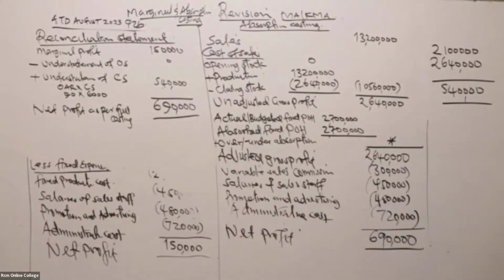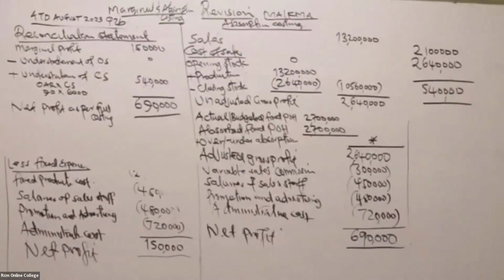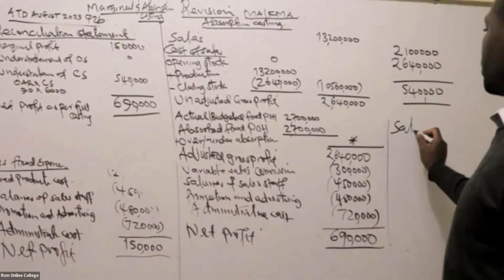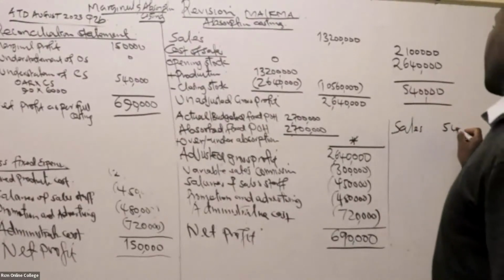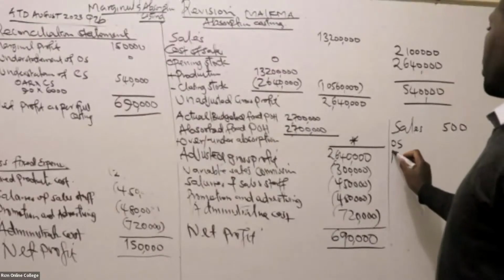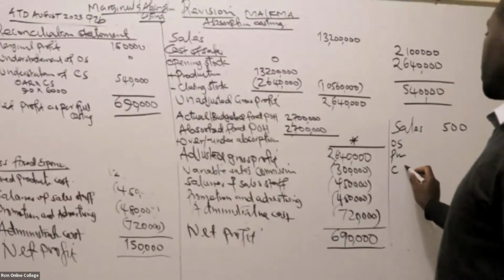I don't know if we are together. Are we together? If you want to do it on your own and understand what is happening, just do this. Have sales. Just say your sales are 500. Then under cost of sales, we have opening stock, production, and closing stock.